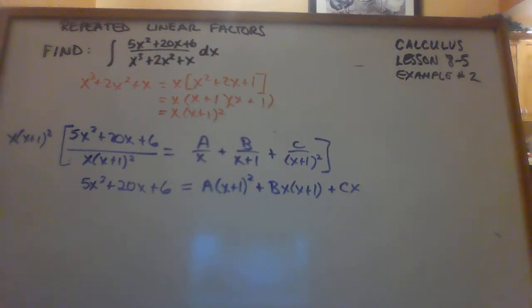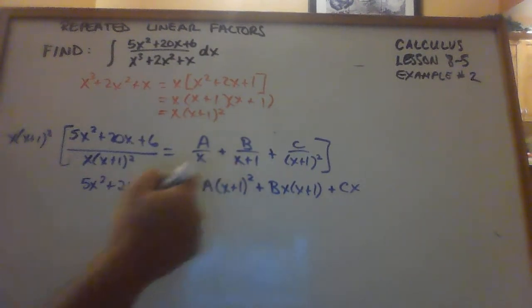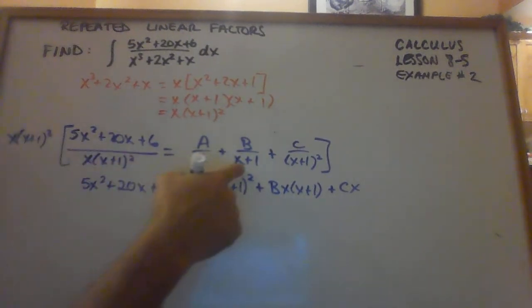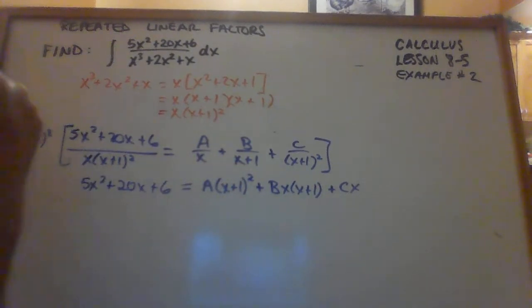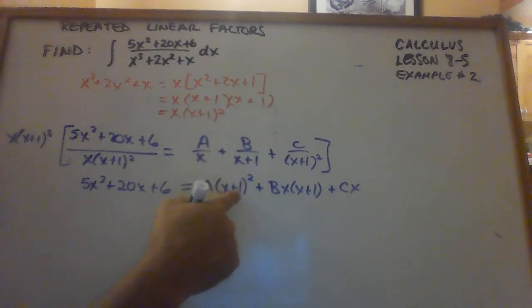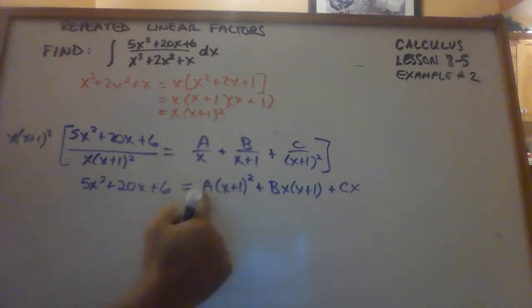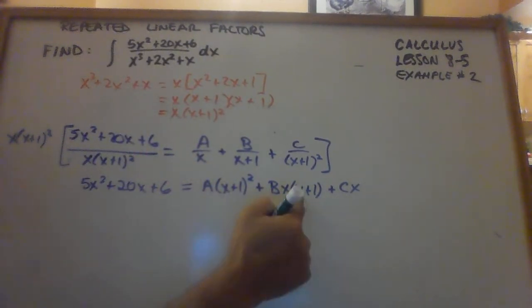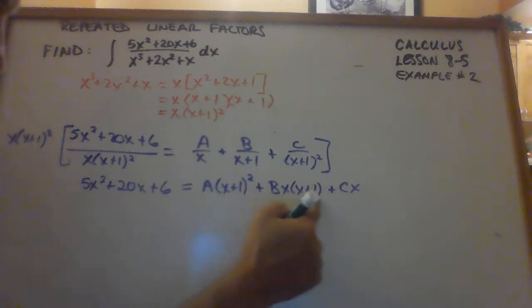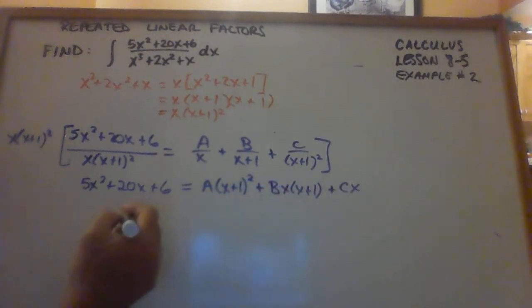Okay, now what I want to do is find out what's going to make any of this 0. If I plug in -1, that makes this 0 right here. So it makes this term go away. It also makes this term go away and leaves me with just c times x.